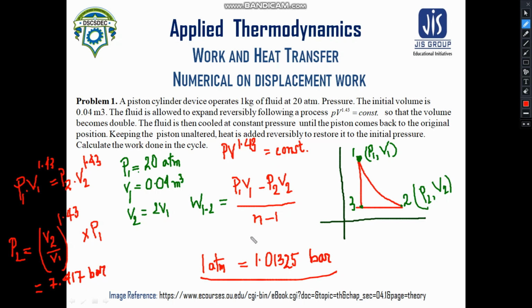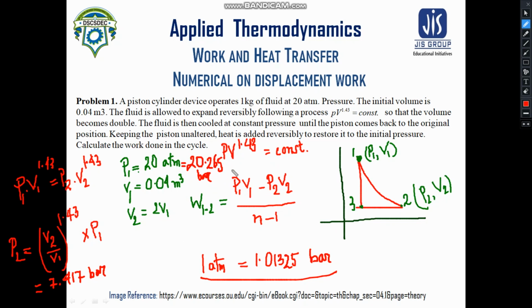But now you have all the data. P1 is equal to 20 atm. If you convert it into bar, it will be something like this. So these calculations you need to do by yourself. So this will be 20.265 bar.